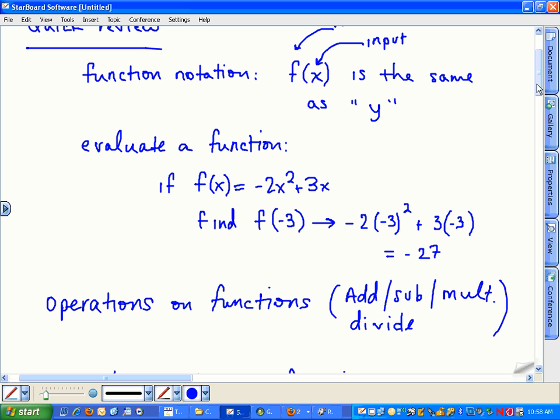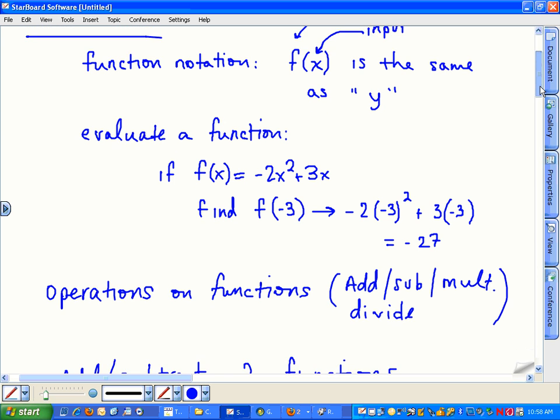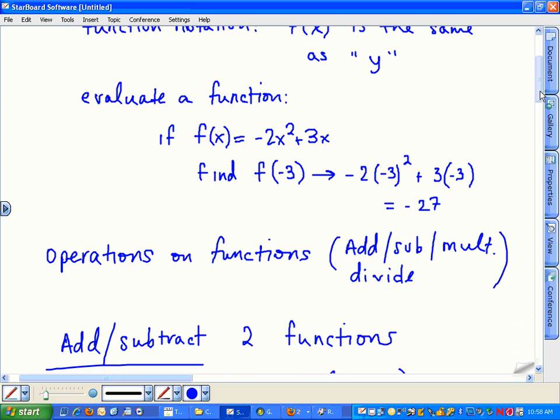So, let's start with the easiest stuff first, adding and subtracting two functions.